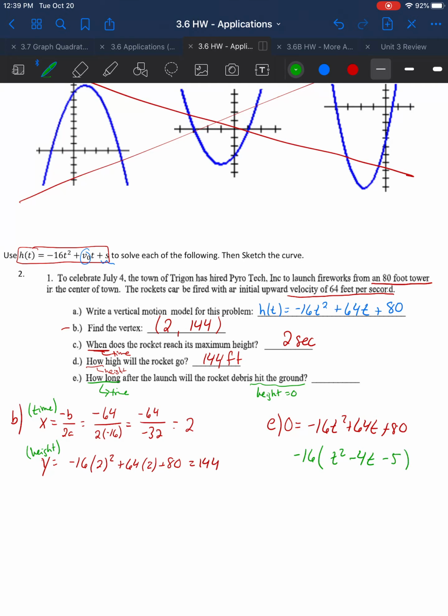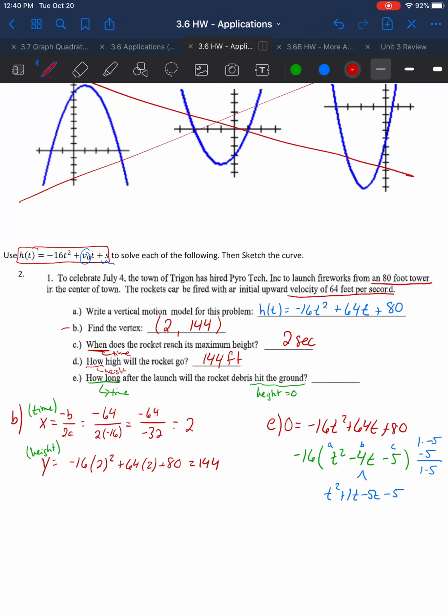When you go to factor, you will be able to take out a GCF, a greatest common factor. So I'm going to try negative 16 and see if I can take that out of all of those. 64 divided by negative 16, yep, that works, negative 4. And then 80 divided by negative 16, negative 5.